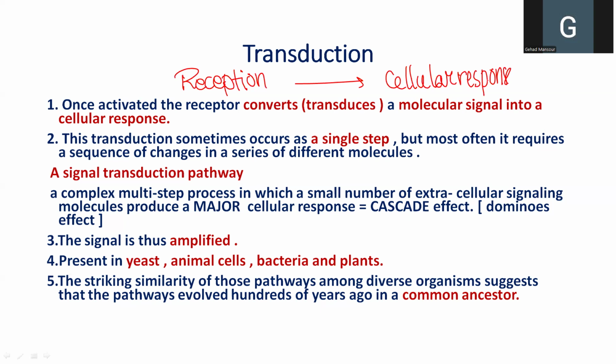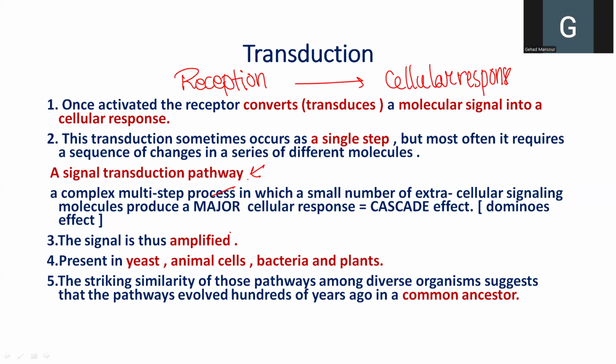This transduction sometimes occurs as a single step, but most often it requires, as we said before, a sequence of biochemical reactions in which the product of every chemical reaction will be the substrate of the next chemical reaction. So a signal transduction pathway is a complex process.